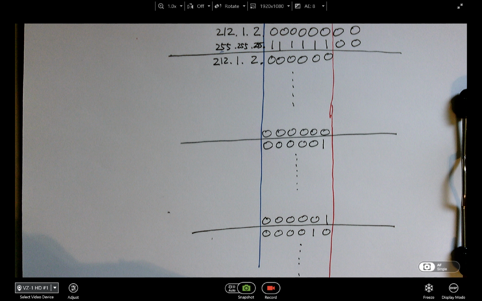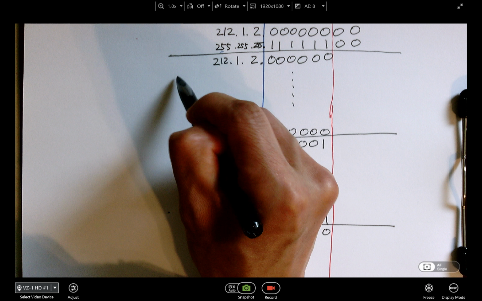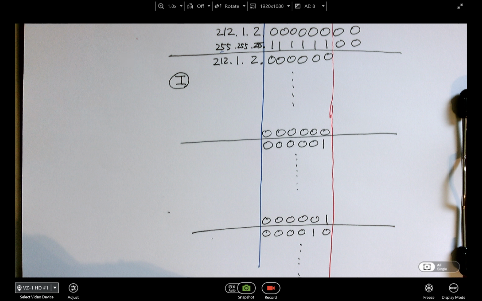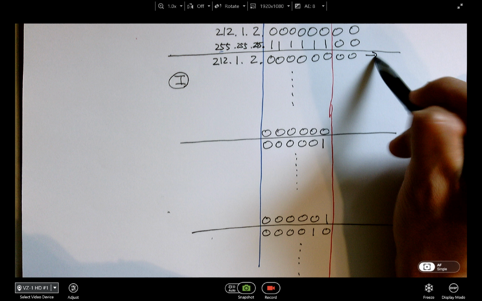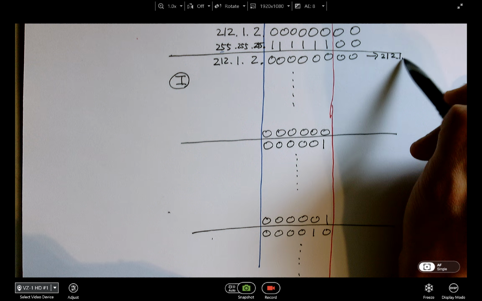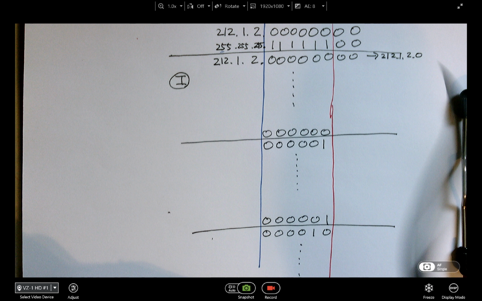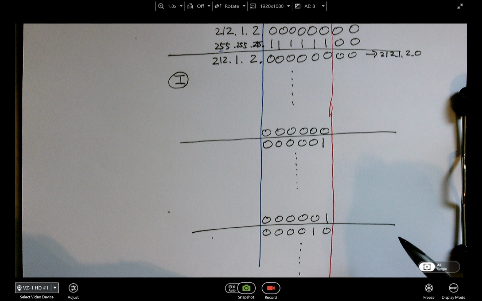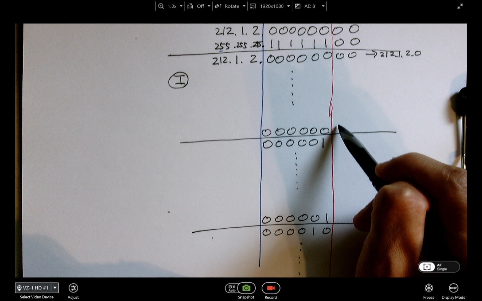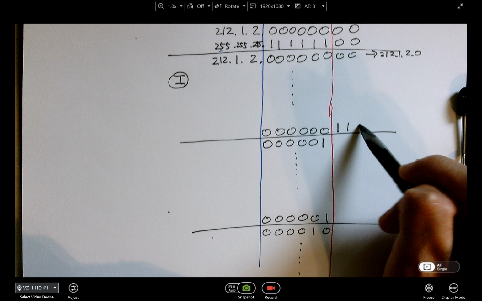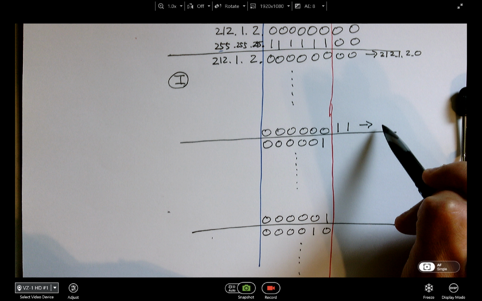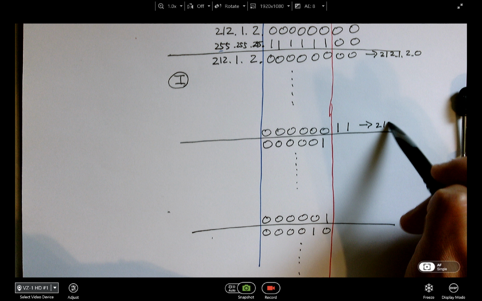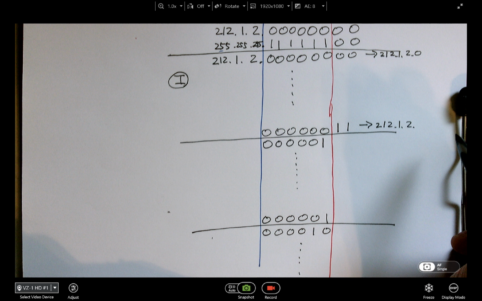Now, the network address for my first subnet is 0, 0. So obviously it's 212.1.2.0. And then the broadcast address for the first subnet is 1, 1. So if you convert this, then it's 212.1.2.3.